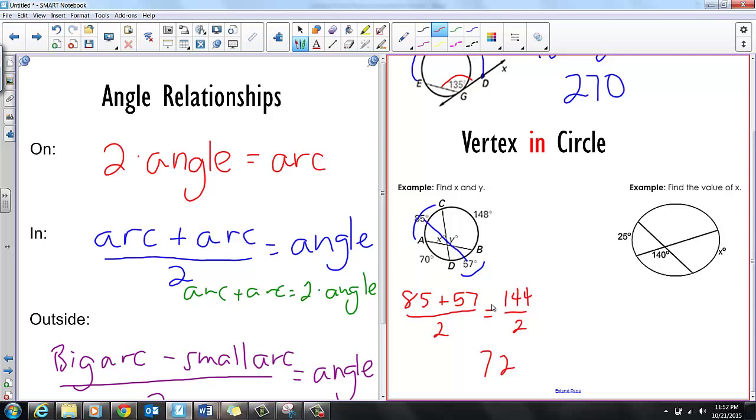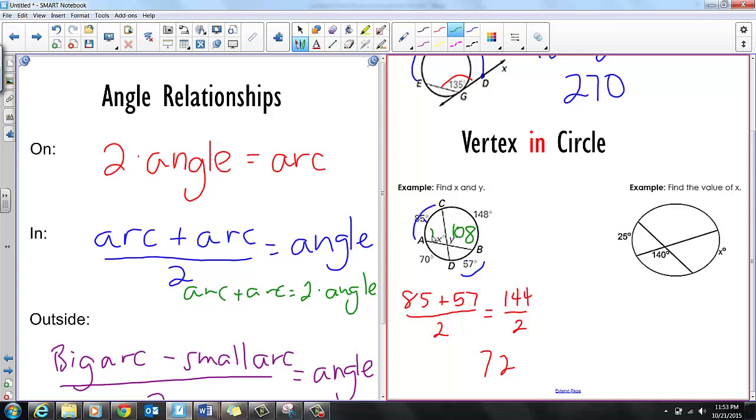We can easily solve for y either by doing the same thing or using our knowledge of straight lines. If x is 72, then y must be 180 minus 72, so y must be 108.